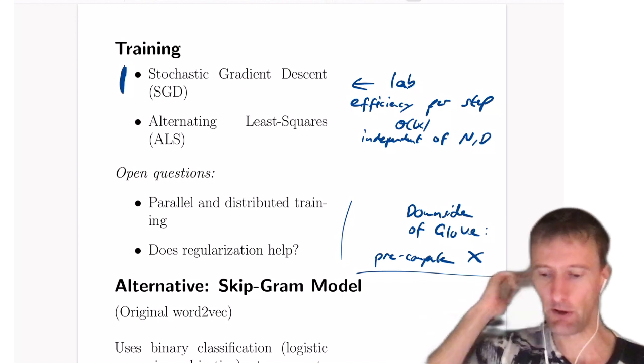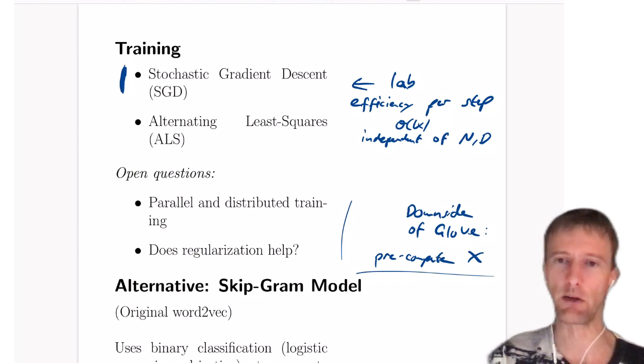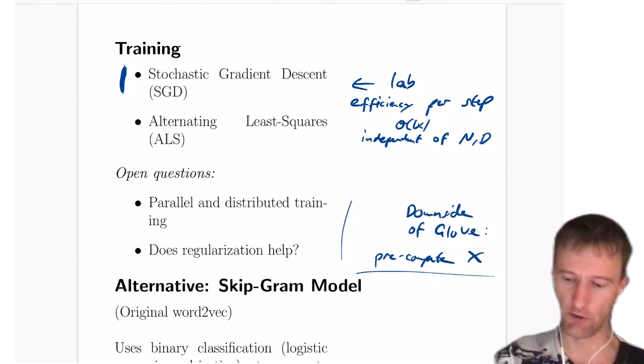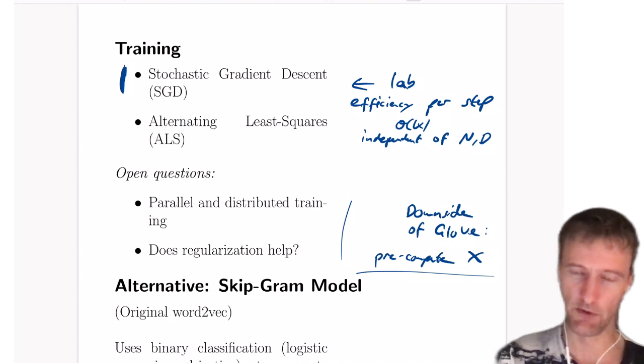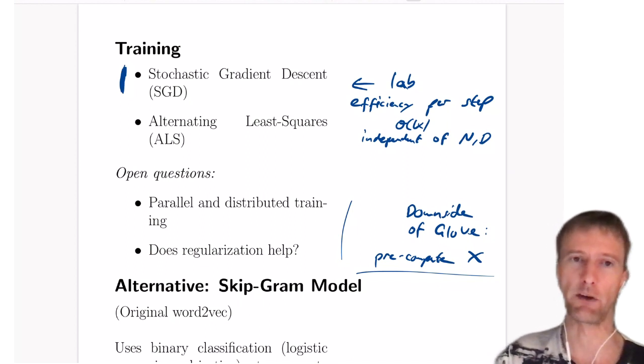So that is a downside, and also you cannot really just stream through the text and directly train your word vectors, right? You can stream through your text to build the X, but that's the first stage, and then in the second stage you take your X and have to have it in memory and do this vectorization.